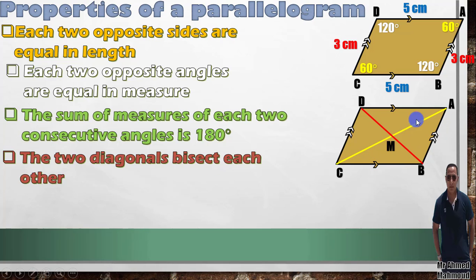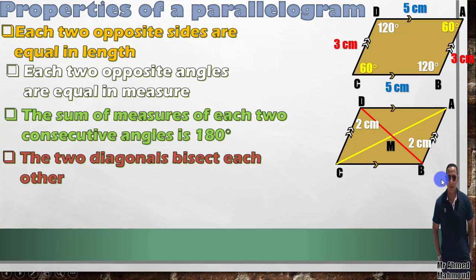So AC bisects BD, or divides BD into two equal halves, and also BD bisects AC, or divides it into two equal halves. In other words, if BM equals 2 centimeters, then DM equals 2 centimeters, because M is the midpoint of BD.